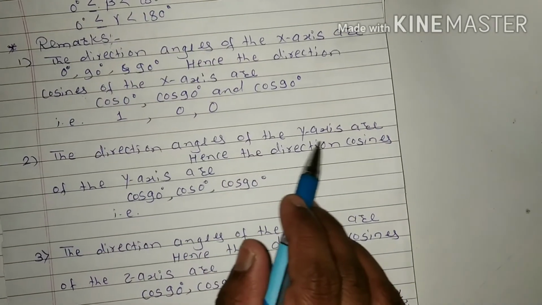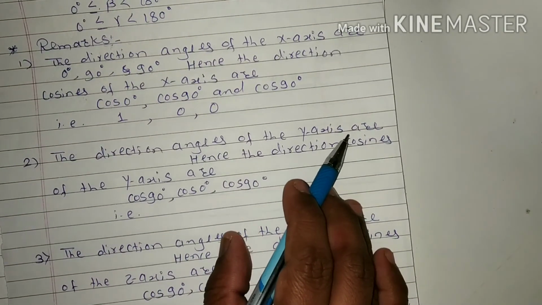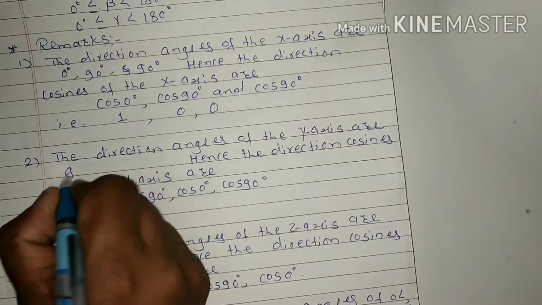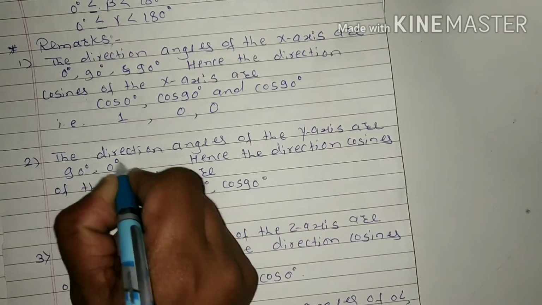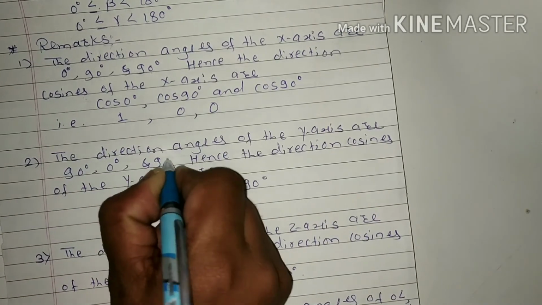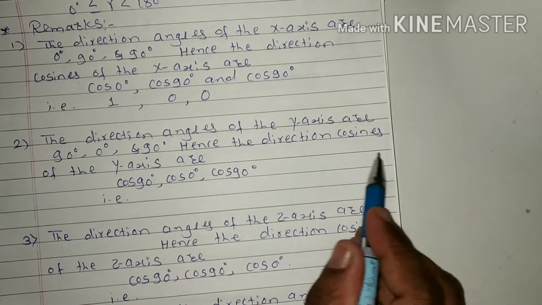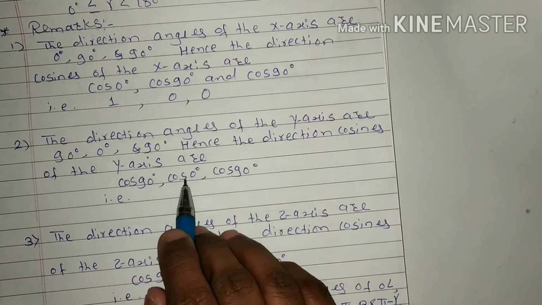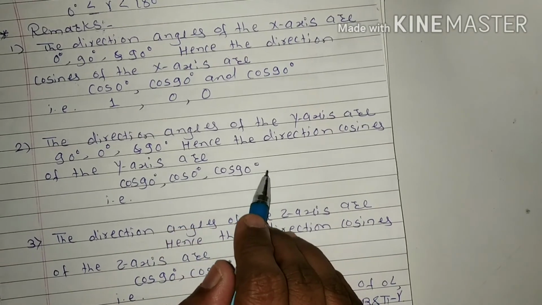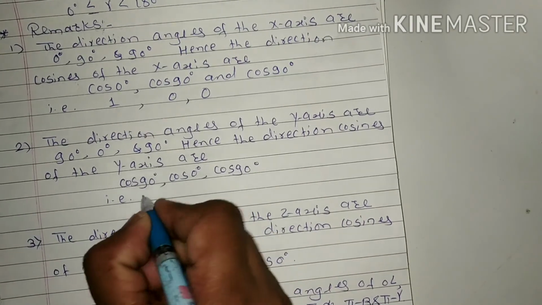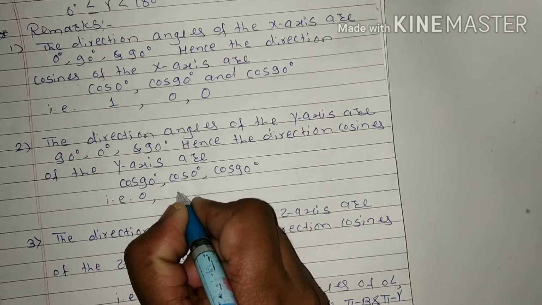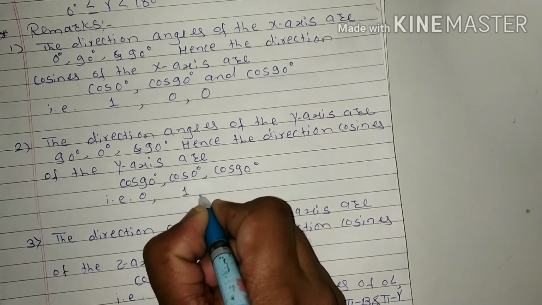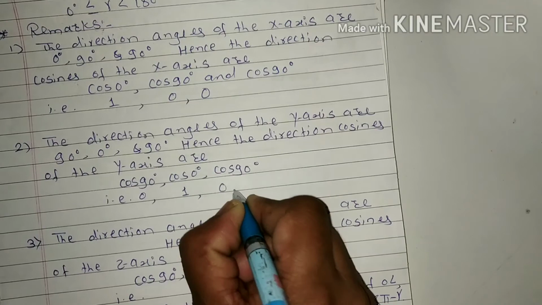The direction angles of the y-axis are 90 degree, 0 degree and 90 degree. Hence the direction cosines of the y-axis are cos 90, cos 0 and cos 90, that is, 0, 1 and 0.